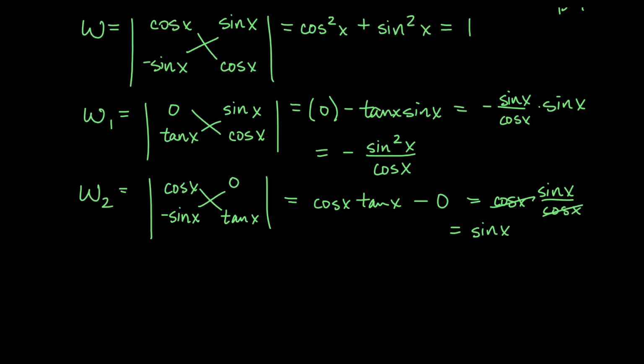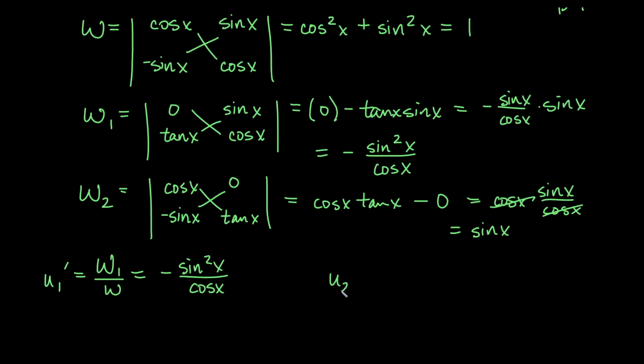All right, let's use our Wronskians here to get our u1 prime and our u2 prime. So our u1 prime, remember, is going to be W1 over W, and that will just be this fraction over 1, so that won't change anything. That'll be negative sine squared x over cosine x.